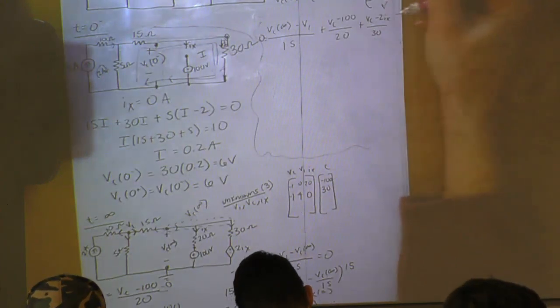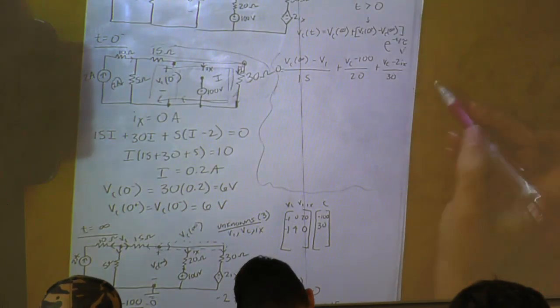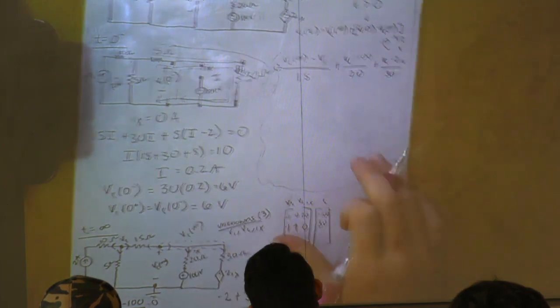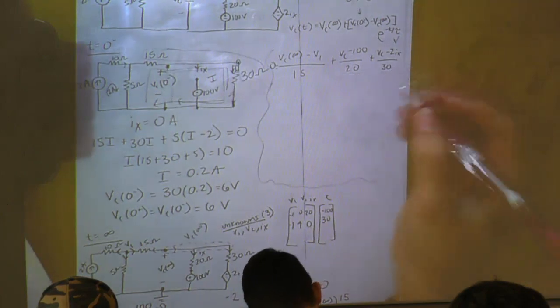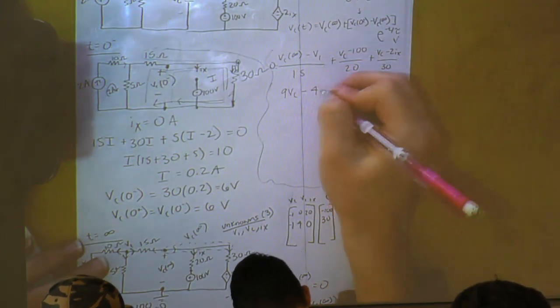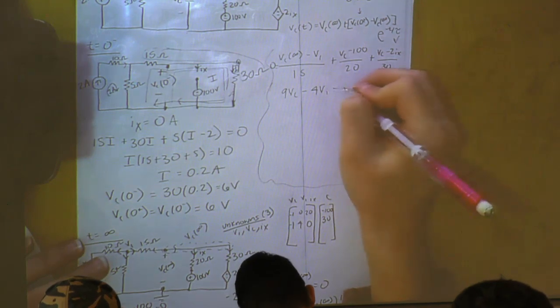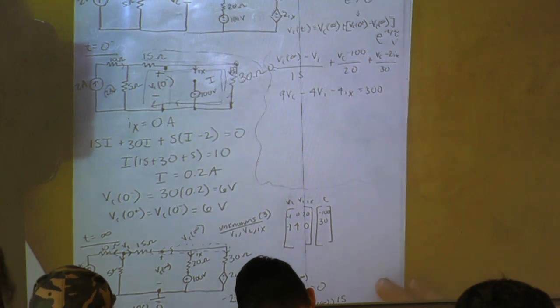Plug in your Ix, this equation, into this form, or no, you don't even have to do that, sorry. Simplifying it, you should get 9 Vc minus 4 V1 minus 4 Ix equals 300.